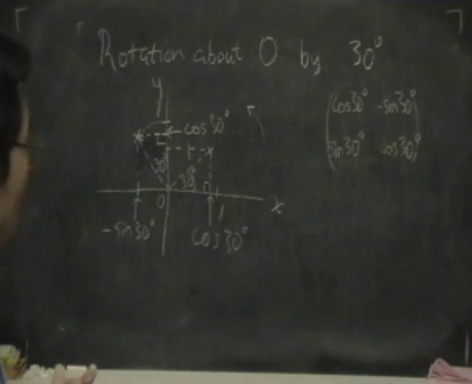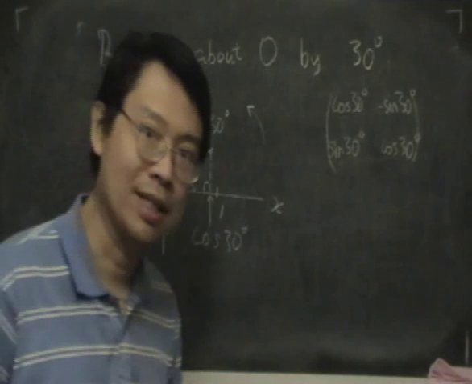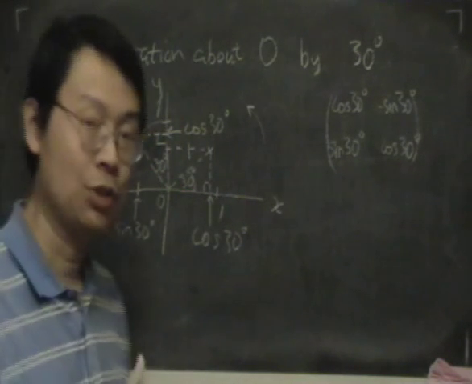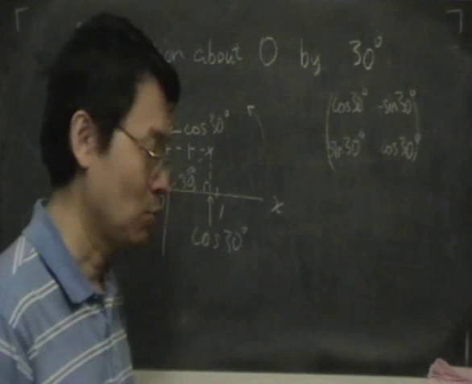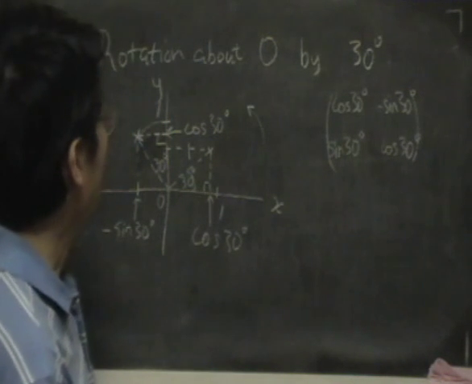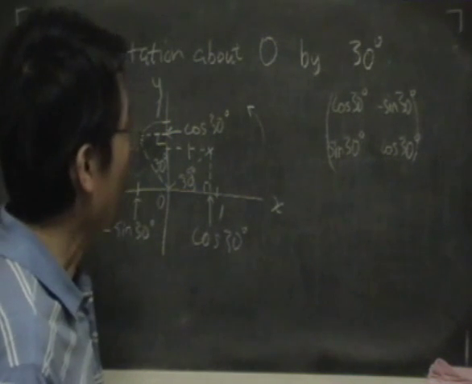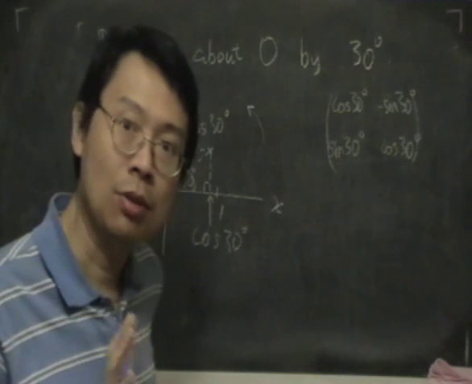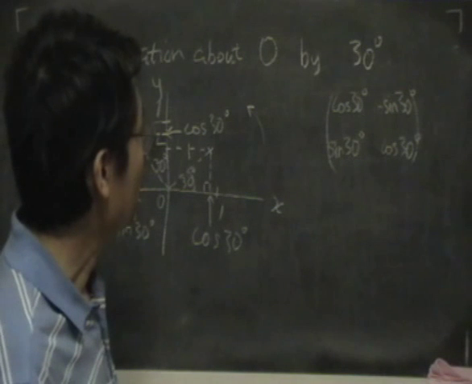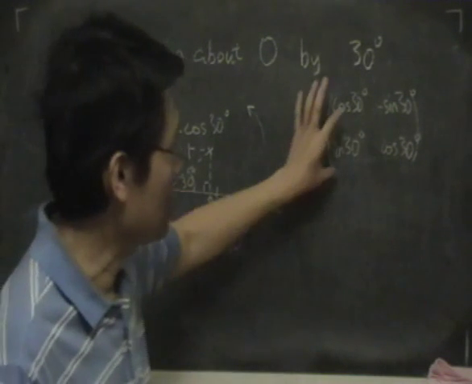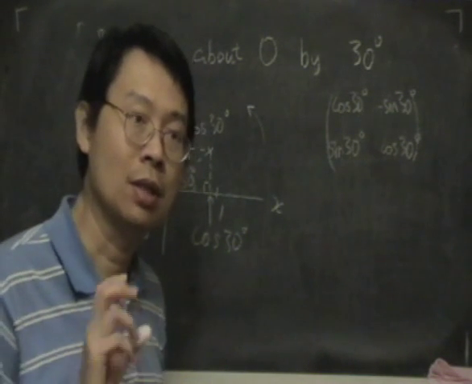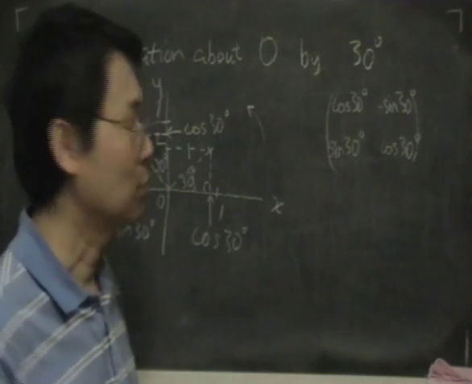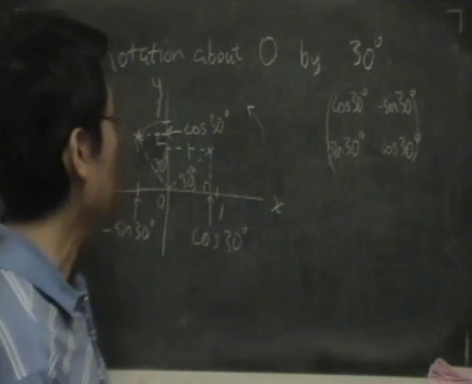Well, these steps are a little more complicated than the reflection examples that we've looked at just now. And the rotation matrix is one of the more complicated matrices in geometrical transformation.